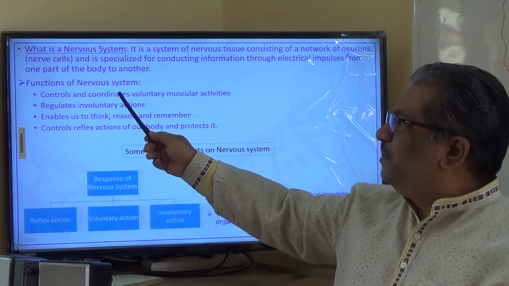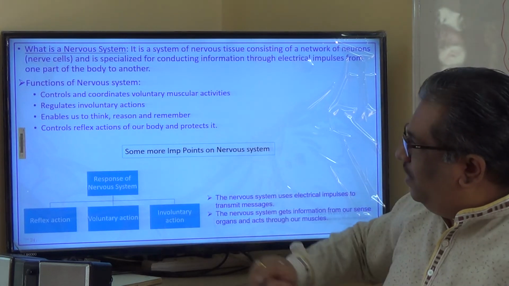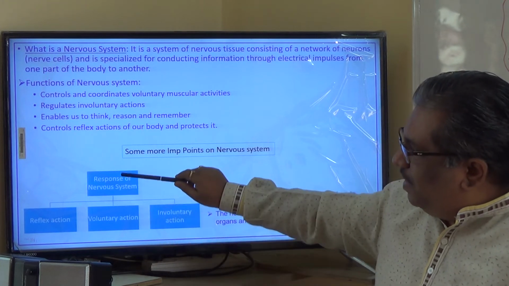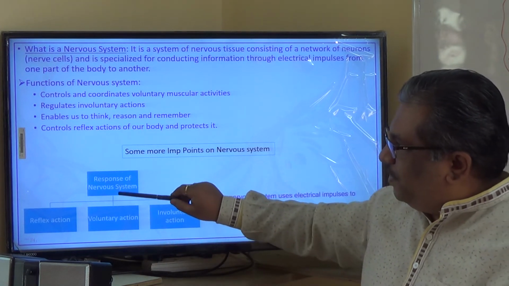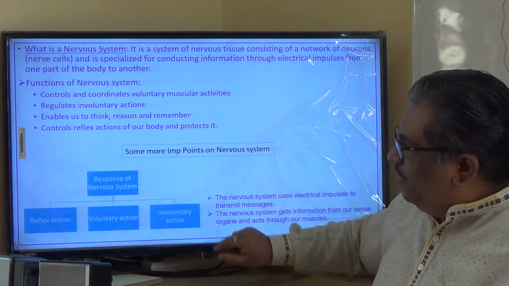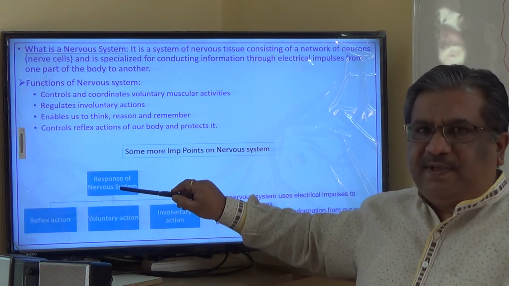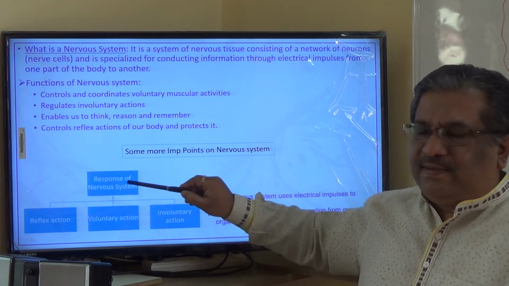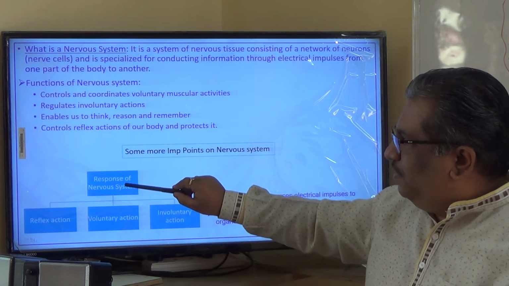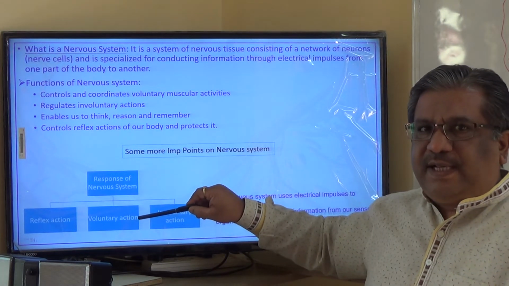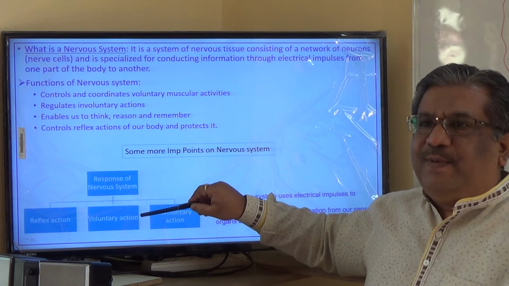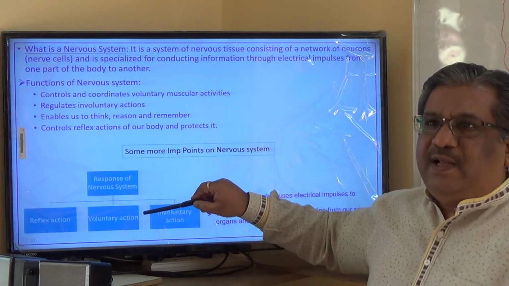What are the functions of nervous system? Here you can see at the bottom diagram, response of nervous system. What is the response of a nervous system to the external stimulus? And also, of course, to control the internal movements of internal glands and all, which are involuntary actions.